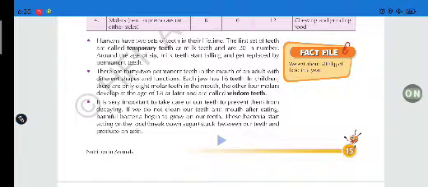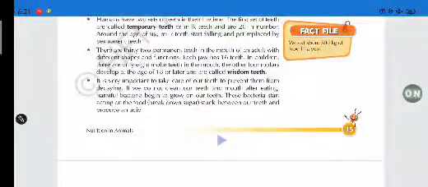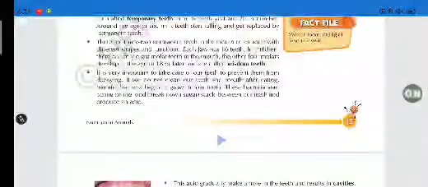It is very important to take care of our teeth. Students, we must take care of our teeth to protect them from different germs and acid.